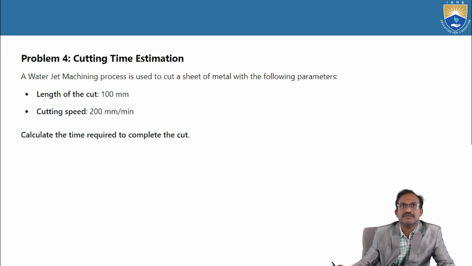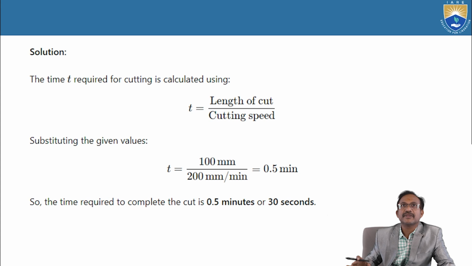Problem 4. Cutting time estimation. A water jet machining process is used to cut a sheet of metal with the following parameters. Length of cut is given, cutting speed is given. Calculate the time required to complete the cut. The time t required for cutting is calculated using t equals length of cut divided by the cutting speed.